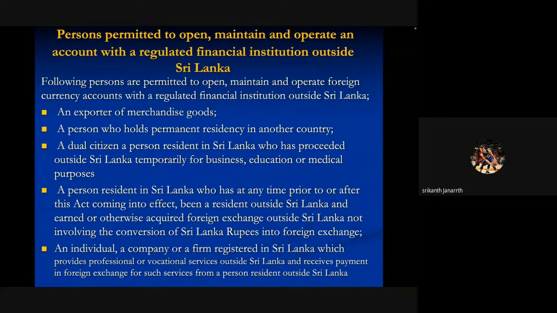When you open the account, you have to make sure you have the earnings there. You open a bank account in another country to remit money exceptionally for education purposes, right? And as an exporter, you have to get your export proceeds credited, right? And you have to have earnings there. If a PR holder, he has to earn for his foreign account to be credited. You can't send the money from here to remit, right?